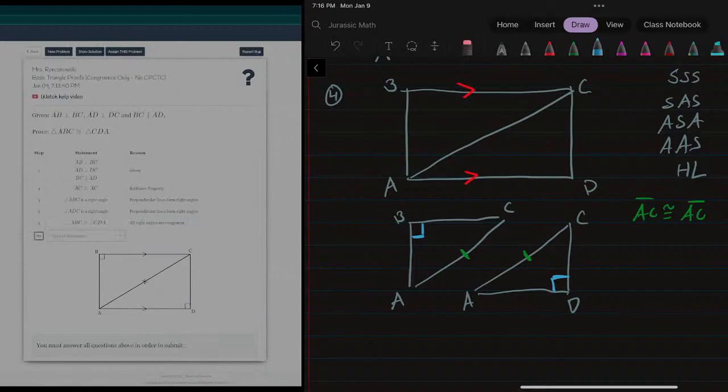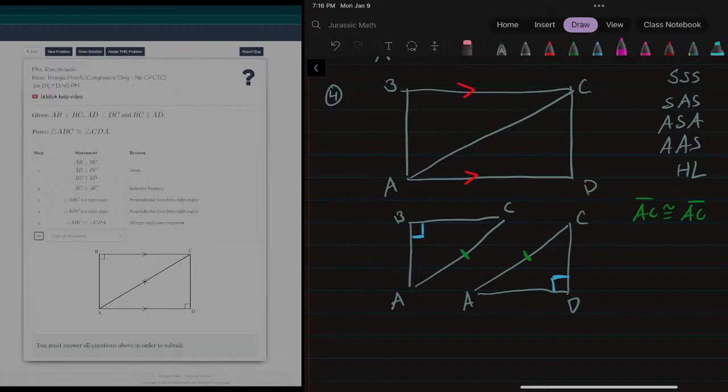All right, so now we have a side and we have an angle. In order to prove HL, hypotenuse leg, we would need one of the sides of that rectangle to be the same, which we can't do right now. However, we have not touched the idea of parallel lines.